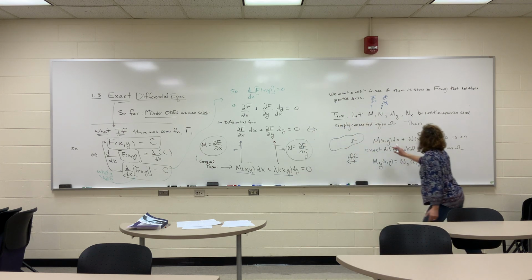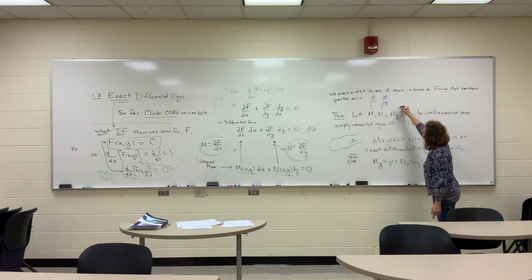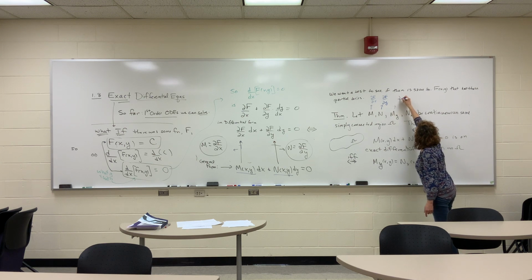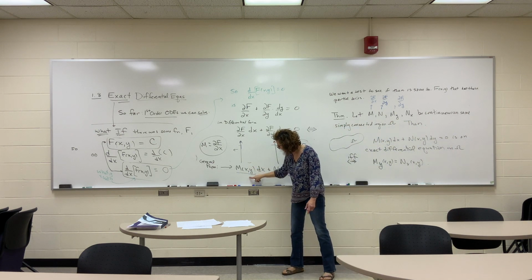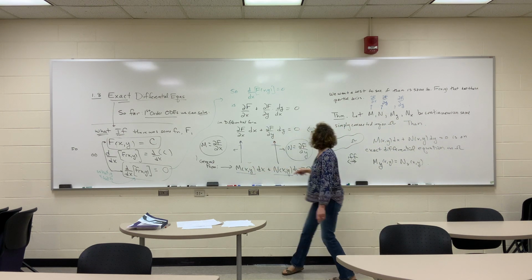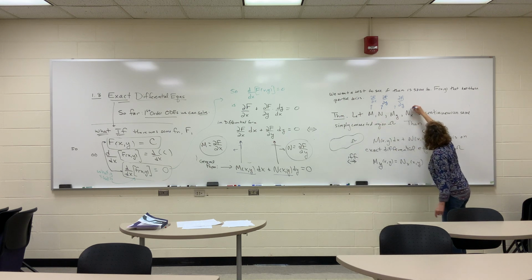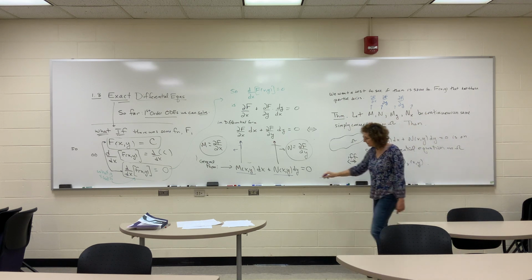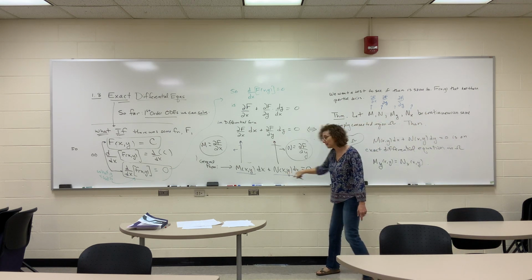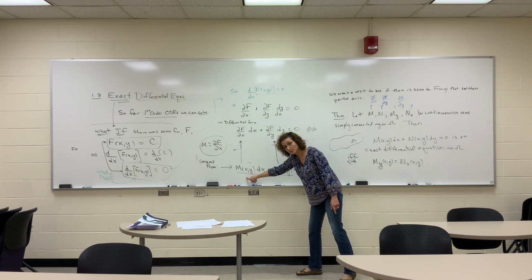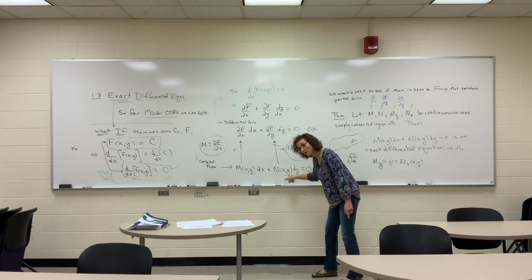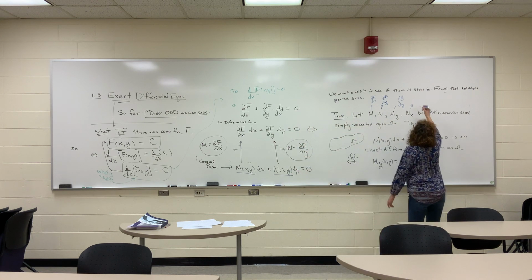So you can take the partial derivative. This is the partial derivative of m with respect to y. I look at this function and take its partial with respect to y, and then I look at this function and take its partial with respect to x. So the guy multiplying dx, I take the partial with respect to y, and the guy multiplying dy, I take the partial with respect to x.